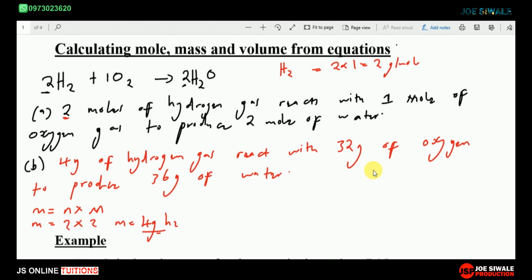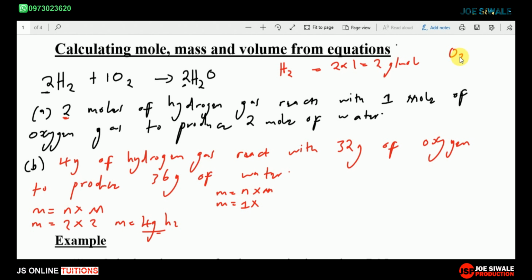Then 32 grams of oxygen gas. To calculate the mass of oxygen, mass equals number of moles multiplied by the molar mass. We know that we have 1 mole of oxygen gas, so we're going to say 1 multiplied by the molar mass of oxygen gas.